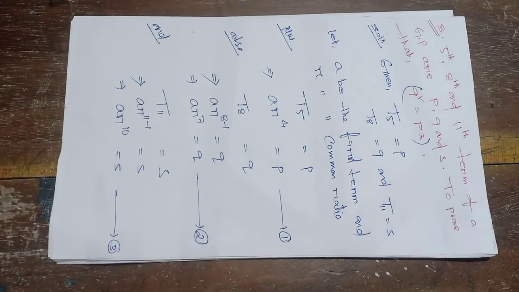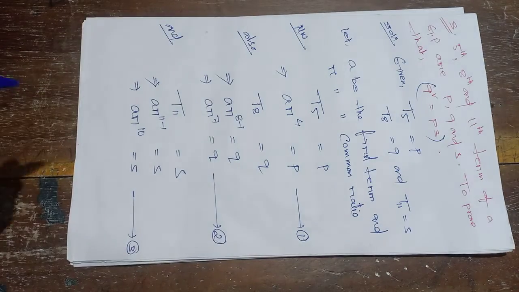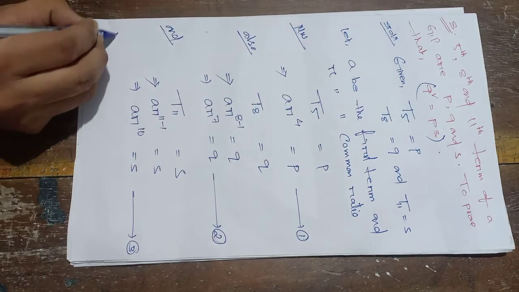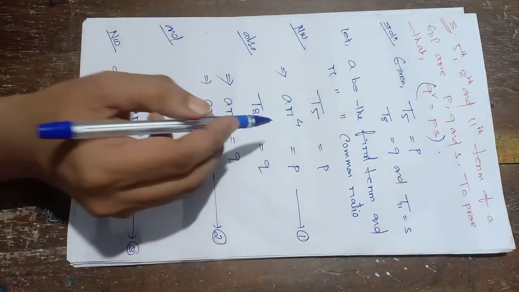So let us find out P and S. First of all, the left hand side. Let us see what the left hand side, Q square, is. What is Q?